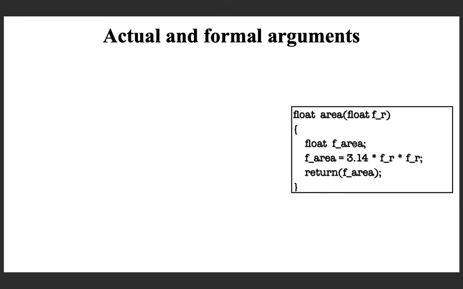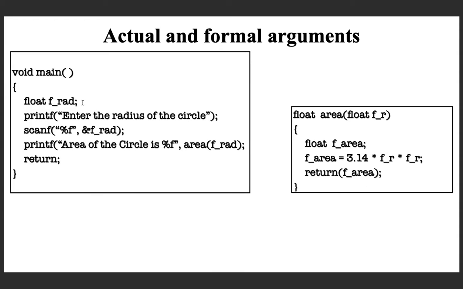The radius is obtained as argument, and a local variable for area is created and the value is found and returned. So that is the function. And here the main function of this program is making use of the function to find the area. It just asks the user to enter the radius, and then it makes a call within the printf statement to the area function and just prints it, and that's it.